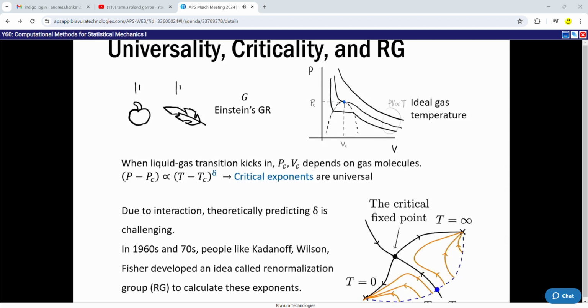And one very powerful way to predict these exponents is using the RG method. You do some coarse graining, and this will generate an RG flow in the coupling constant space. And the behavior of the flow near a critical fixed point tells you about these exponents.